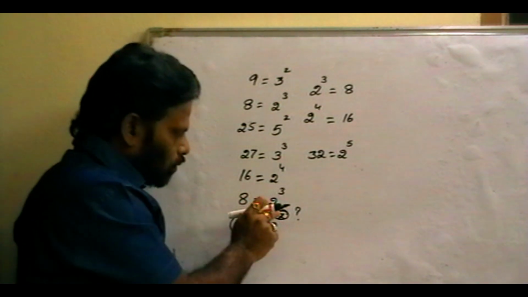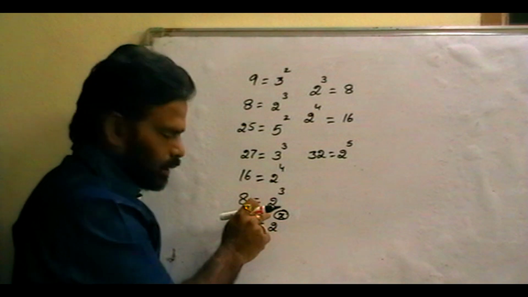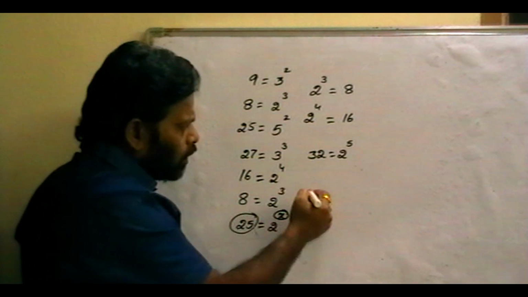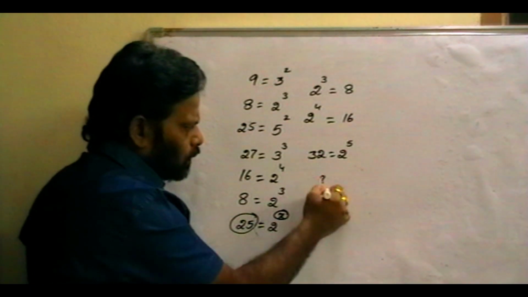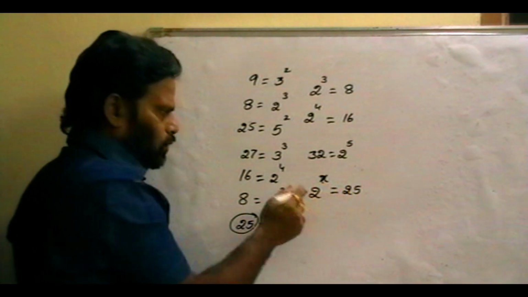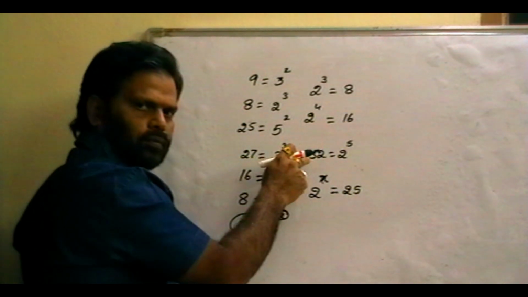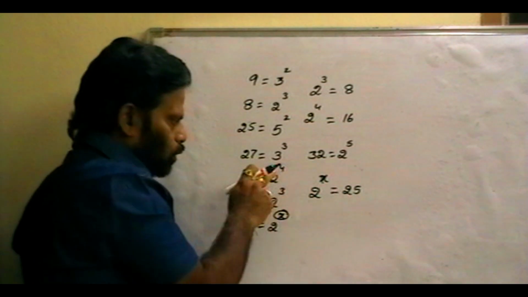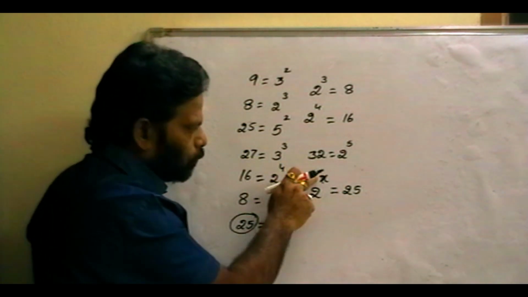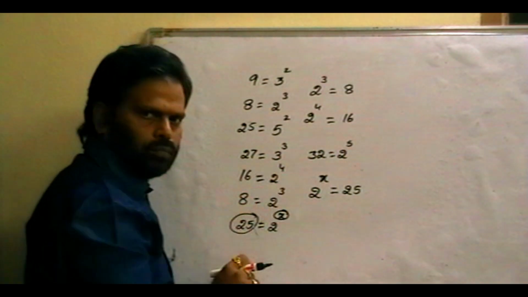Right? So this type of power we should find. To find this value of x, 2 to the power of how much will give 25? Actually 2 power 4 means 16, 2 power 5 means 32, but not 25. If x is equal to 4, we'll get 16. If x is equal to 5, we'll get 32.